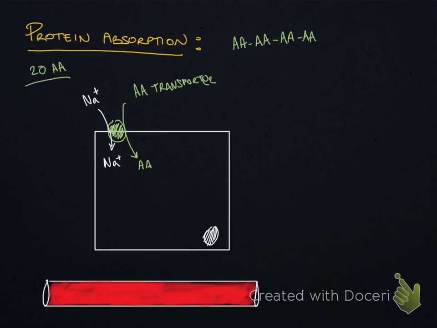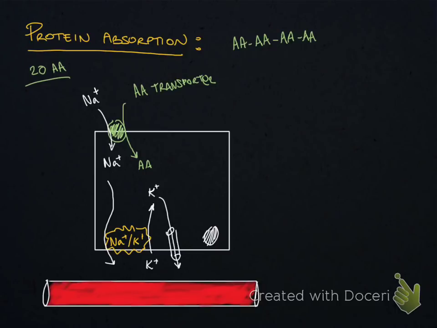Since we now have sodium inside of the cell, the small intestinal cell, we'll need a sodium-potassium pump to reestablish resting membrane potential. In doing so, we can get sodium back out, but remember, potassium comes in, so we'll need a potassium channel to push that potassium out again.